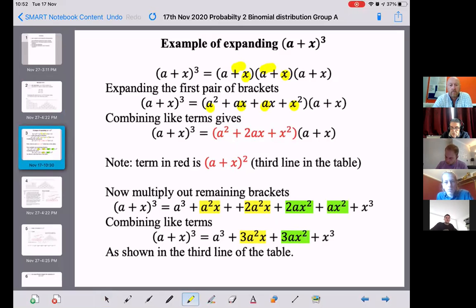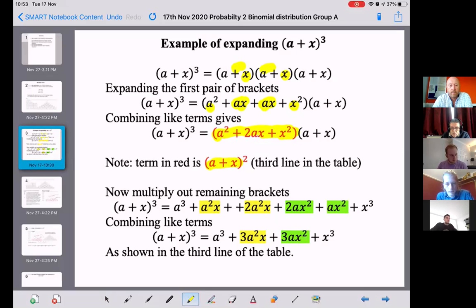So we can then simplify that into that red term, bringing the two like terms in the middle together as 2ax. So that expression there, highlighted in red, is a plus x all squared. There. We know to get a plus x to the power of 3, we now multiply that bracketed term by a plus x.